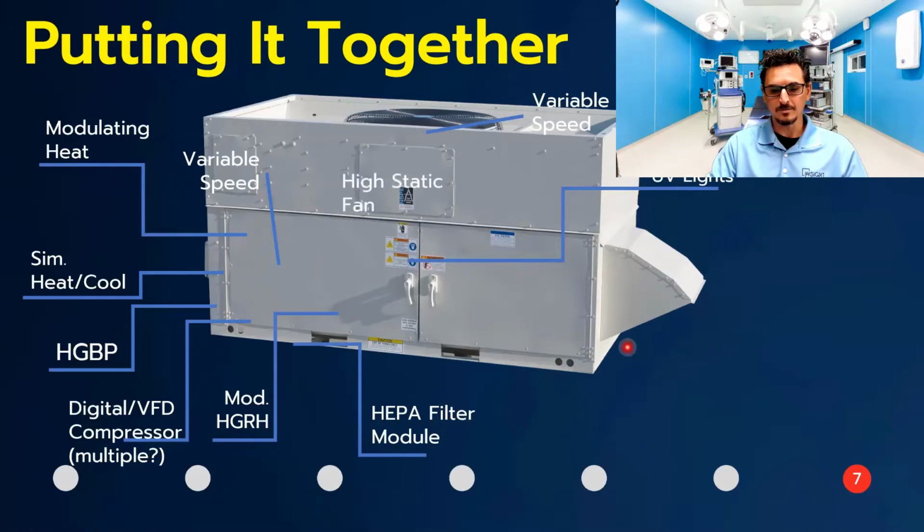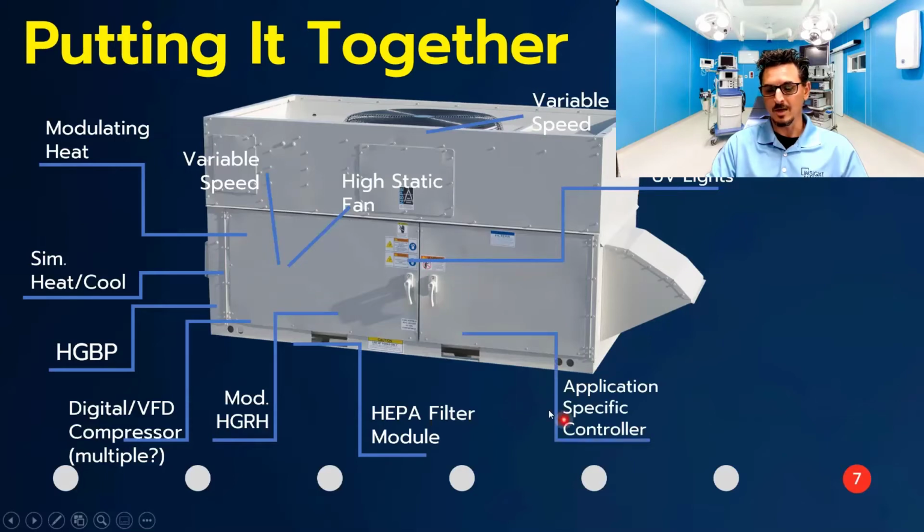And I think that covers it. Oh, if you're going to put a filter module on the unit, you better make sure you have a high static fan, which most specialty equipment comes pre-made with that. So that's kind of an overall view of all the features needed in a unit, in my opinion, in my experience, to meet the design objective.